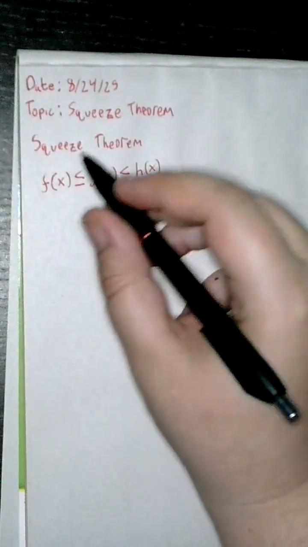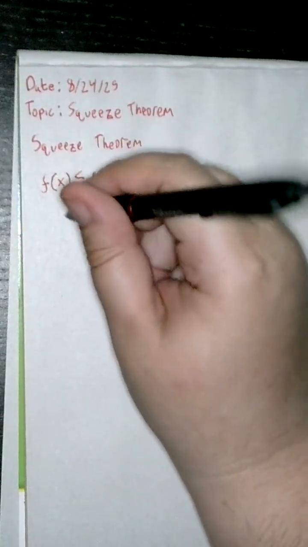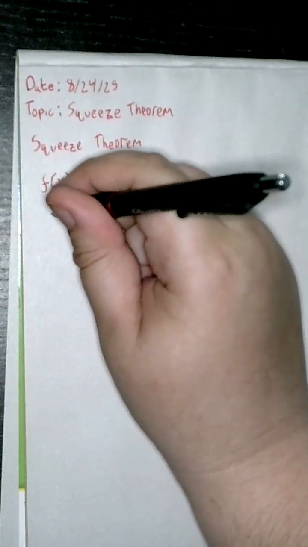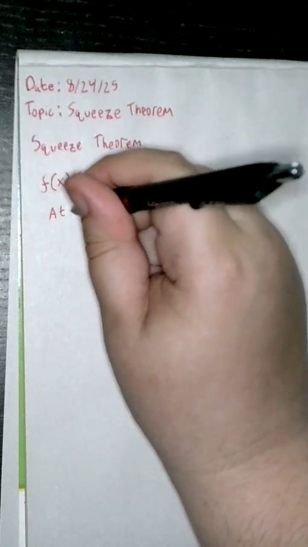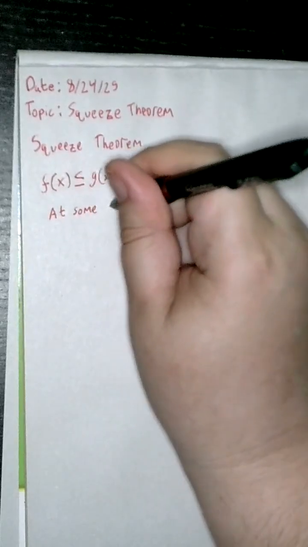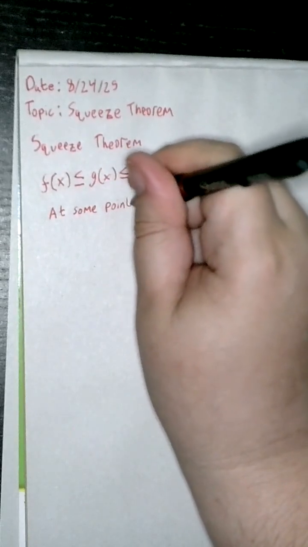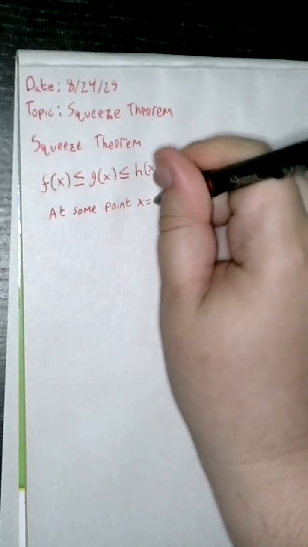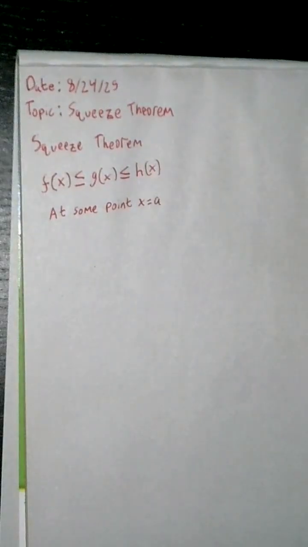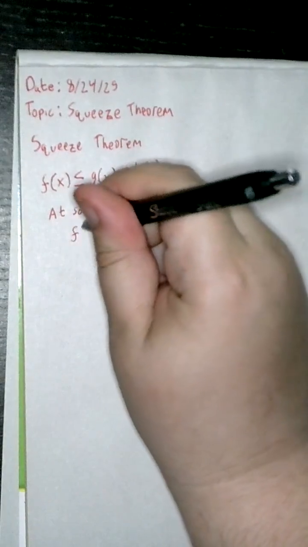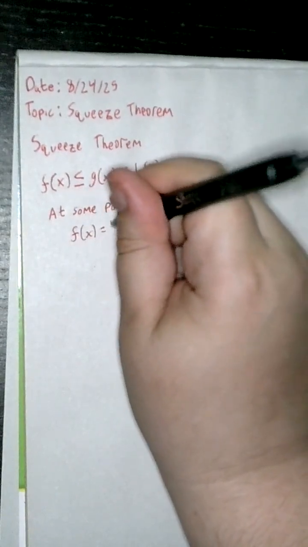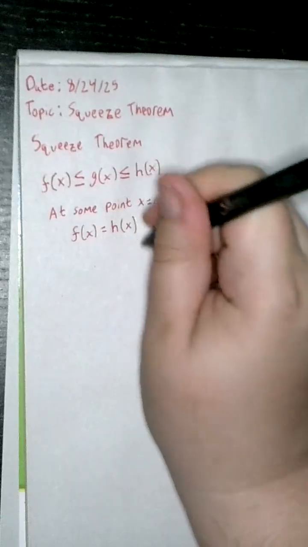And I know at some point, x equals a, f of x is going to equal h of x.